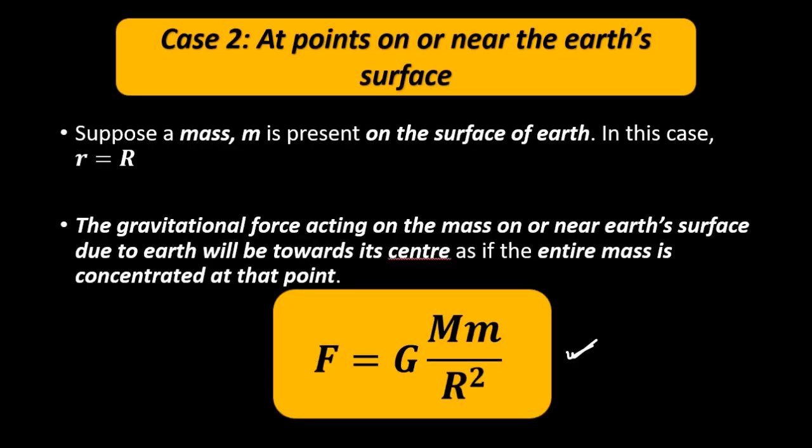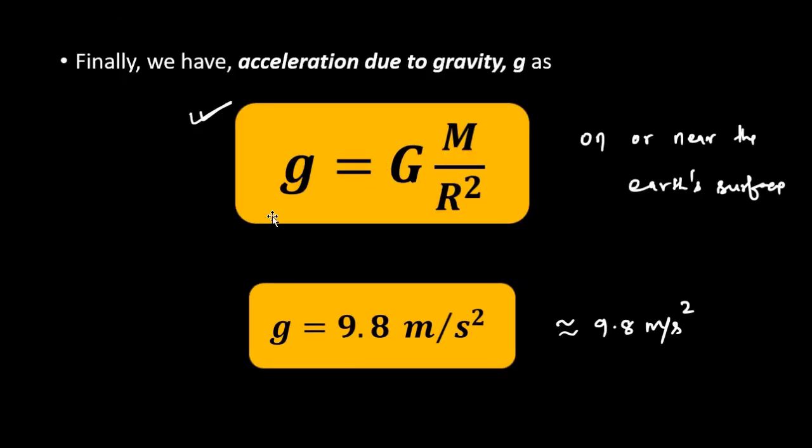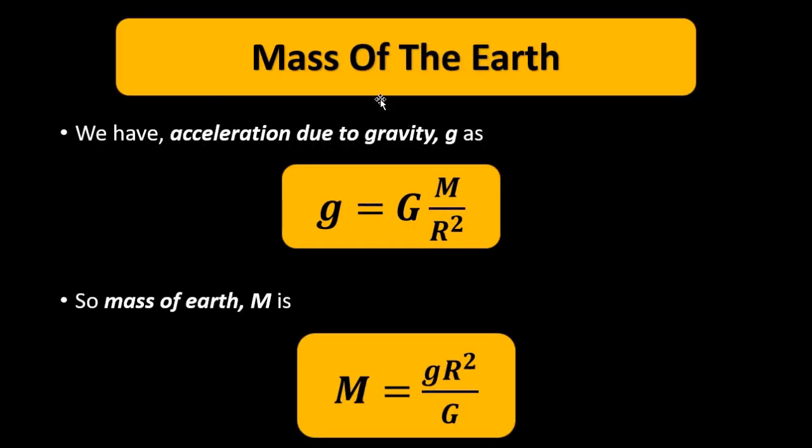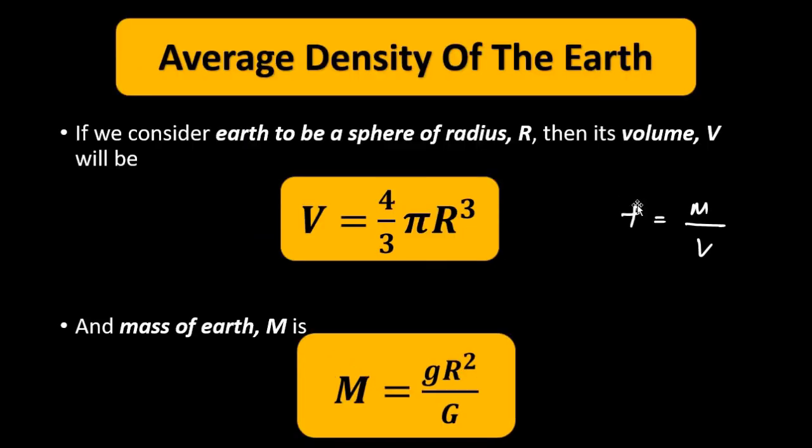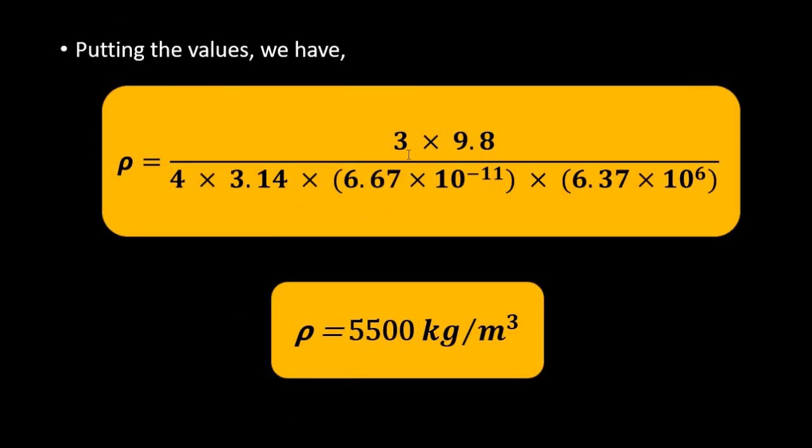So here, using the gravitational force of Earth, that expression using the universal law of gravitation and Newton's second law, first we determined the mathematical expression for acceleration due to gravity, small g. Then using that we determined the approximate value of mass of Earth using these values: acceleration due to gravity, radius of Earth, and the universal gravitational constant. Again using the same values and the basic density formula, that is mass by volume, we determined the approximate value of the average density of Earth.